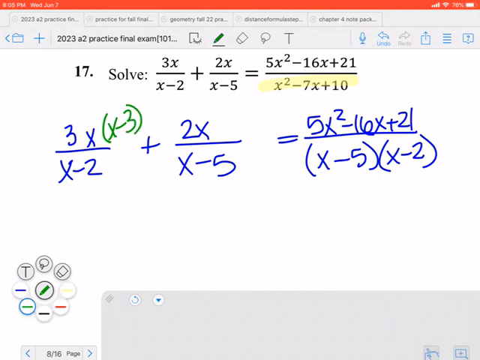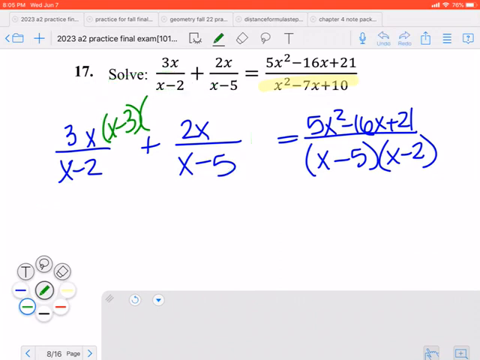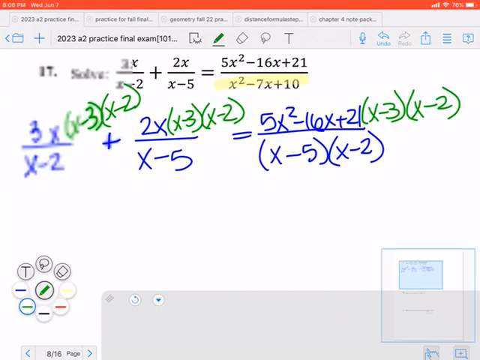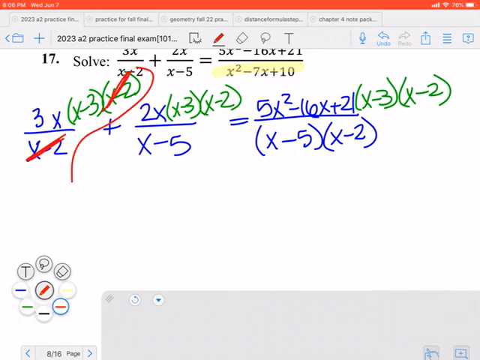That's what we have to multiply each of these by. What we're doing is we're multiplying both sides of the equation by that. But this side has two things, so it's getting distributed. X minus 5, x minus 2, and that allows us to cancel. X minus 2's cancel in this first fraction.